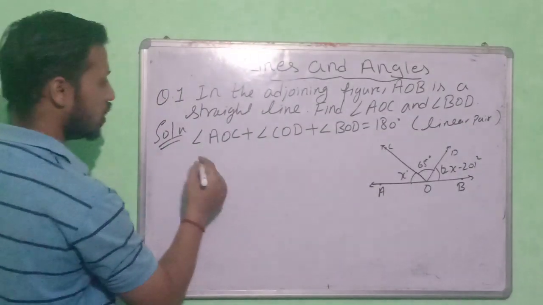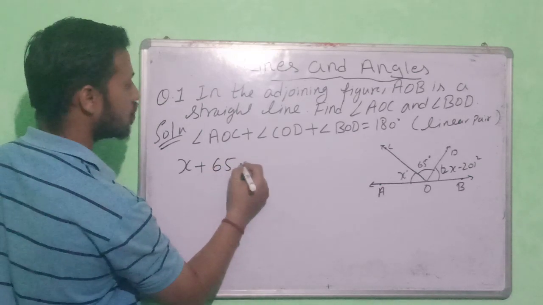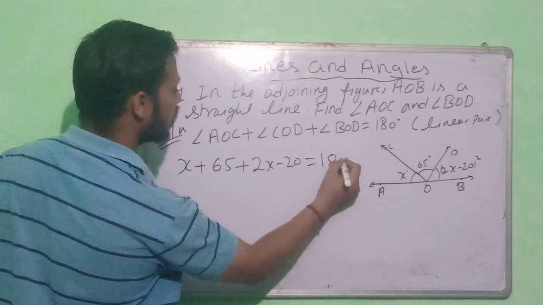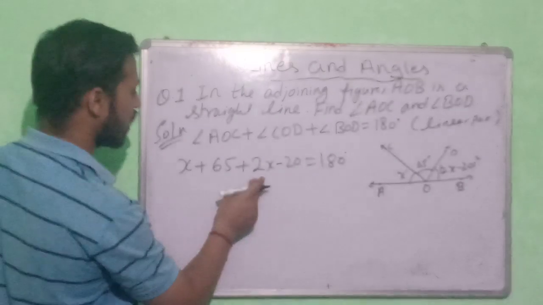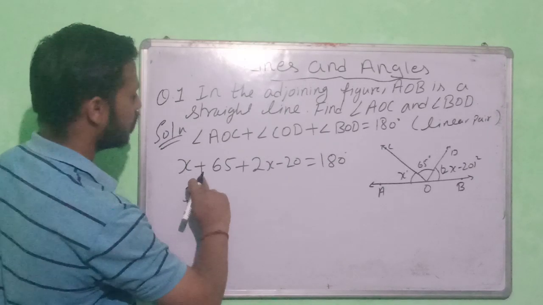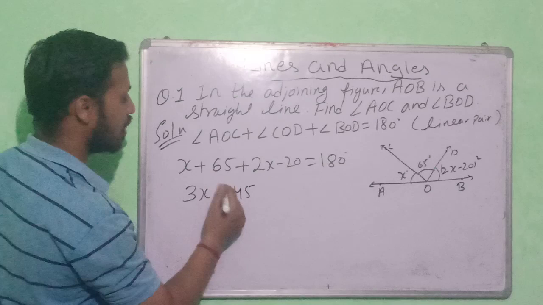Now AOC is x, COD is 65 and BOD is 2x minus 20, equals 180 degrees. So what will you get? This x added to 2x, you will get 3x. Plus 65 minus 20 gives 45, and the sign will be of the greater one.